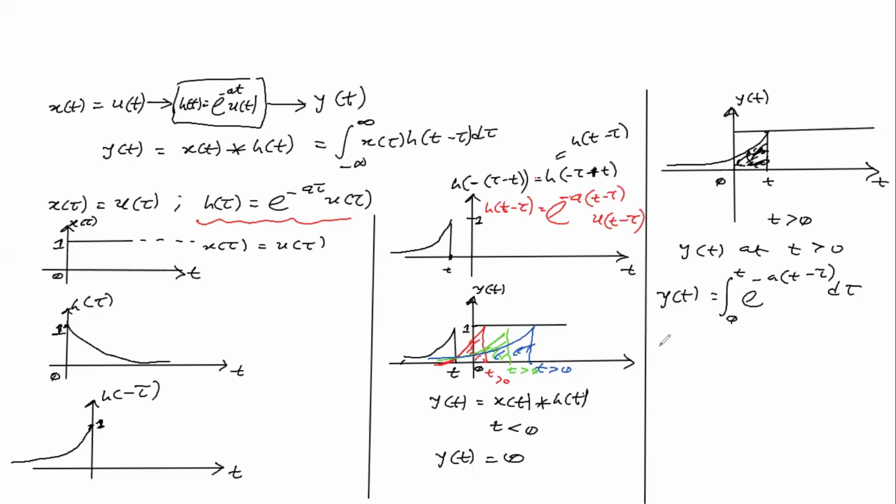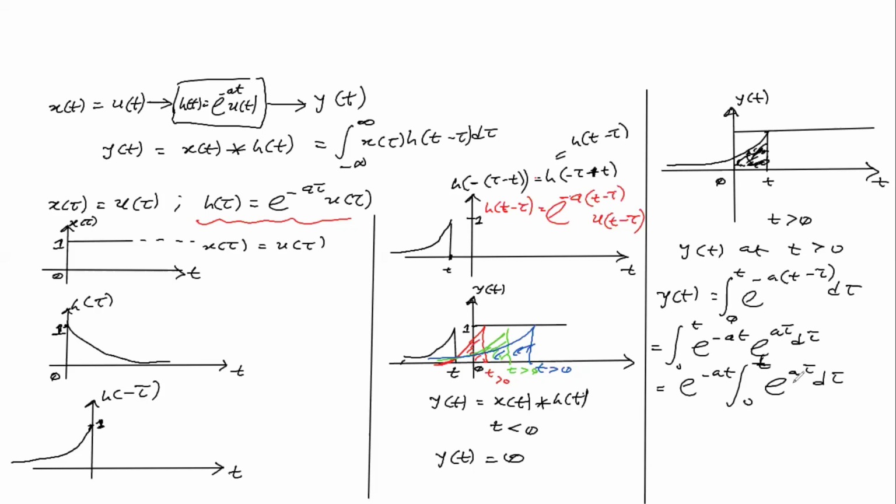So we can also expand this: integral 0 to t epsilon minus a t epsilon a tau d tau. This becomes a constant, because we are integrating with respect to tau, not with respect to t. So this will give us epsilon minus a t integral 0 to t epsilon a tau d tau.